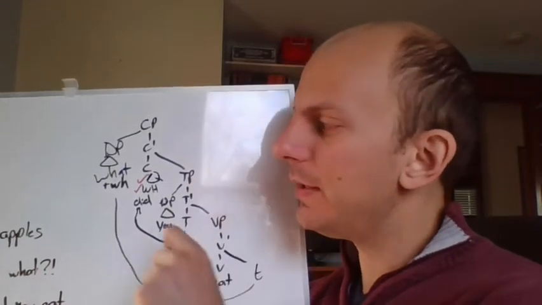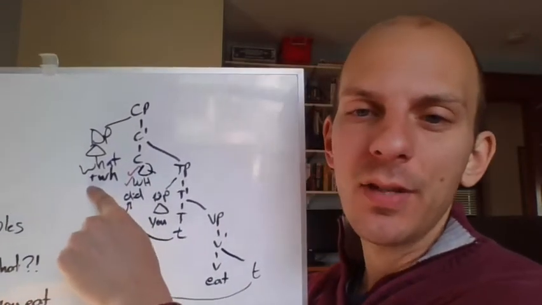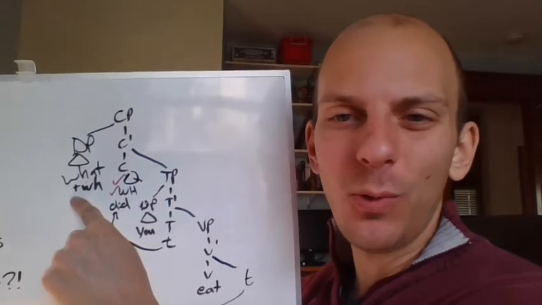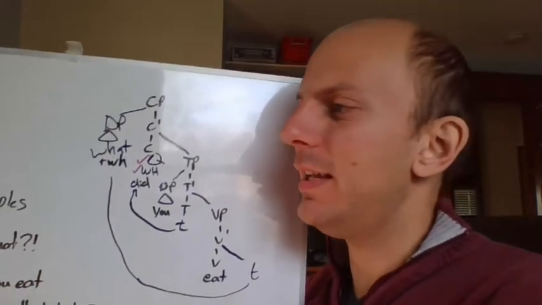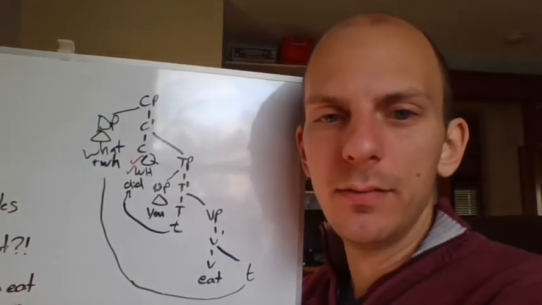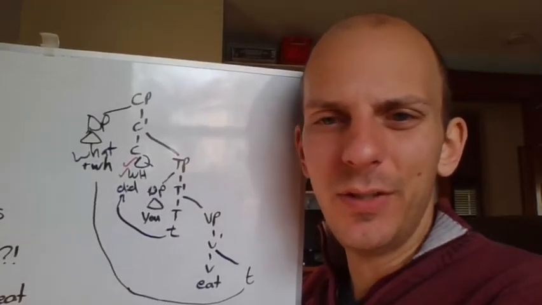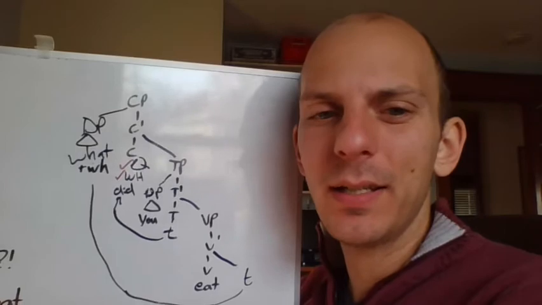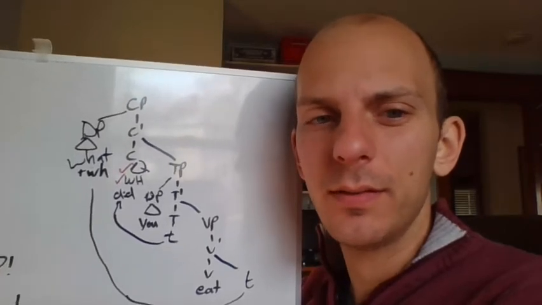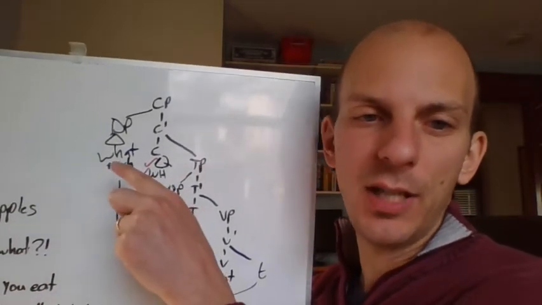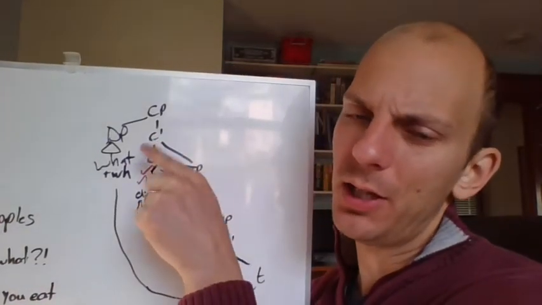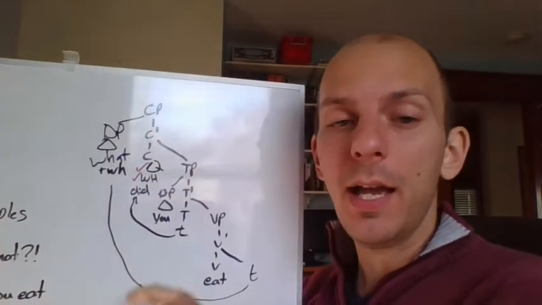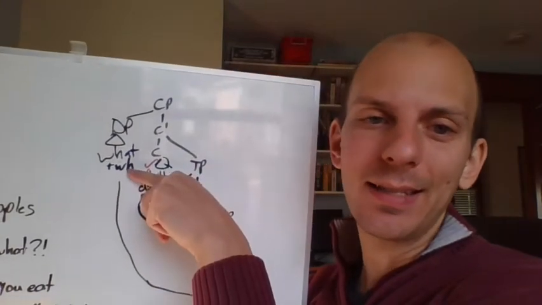The reason we do this is the realization in English that we can't just move any old DP up here. We can't just say like, cows did you eat? No, the kind of question is, did you eat cows, right? So only certain types of DPs can have privileged access to make it up here into spec CP. This is their access card.